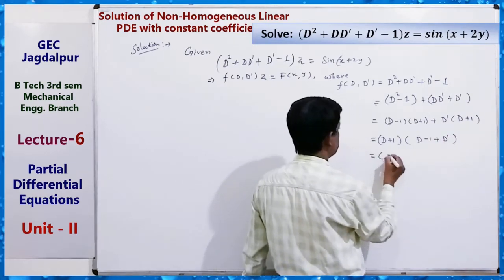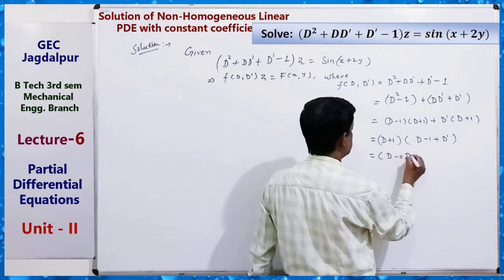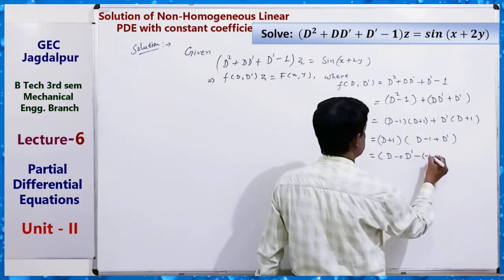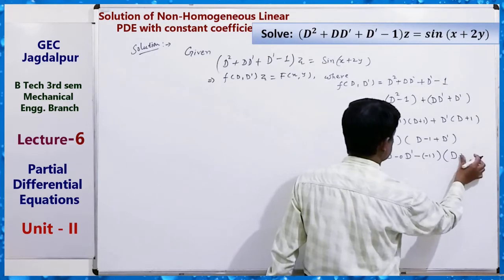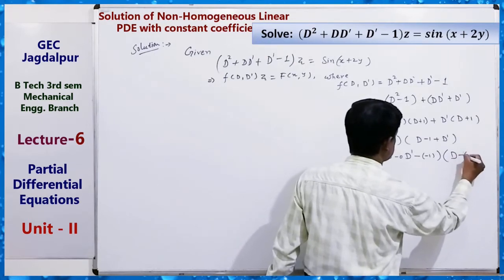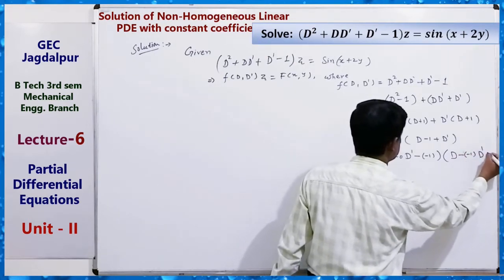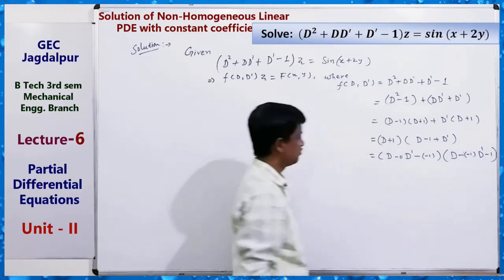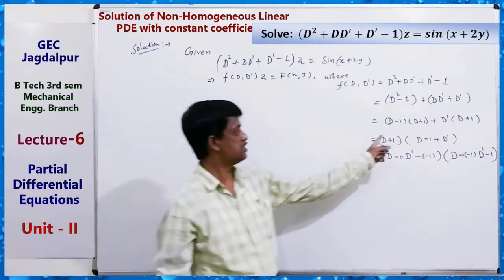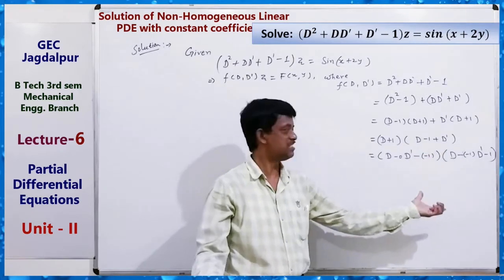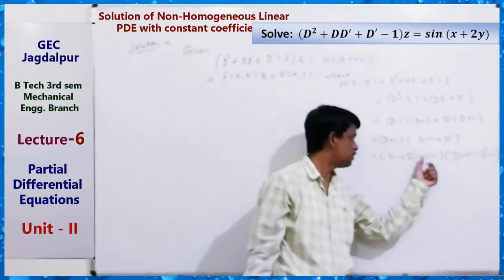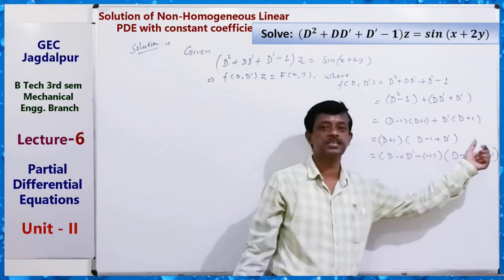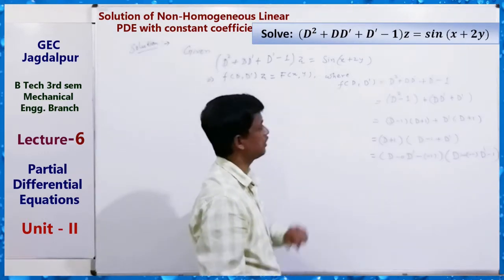That is, (D − 0·D' + 1)(D + D' − 1). This is the factorization as linear in D and D', and we have to write (D − mD' − α).